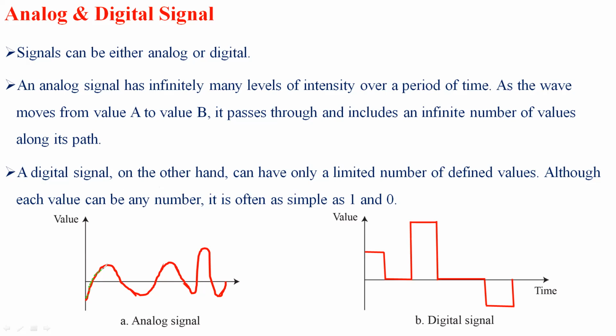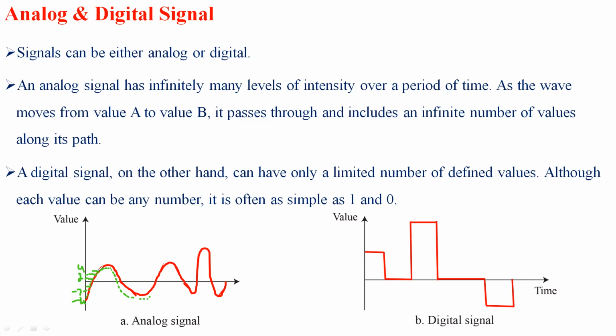Whenever a curve passes through, it will have an infinite number of points. If I mark it as 2, 4, and here as -2 and -4, it eventually passes through all the different values.